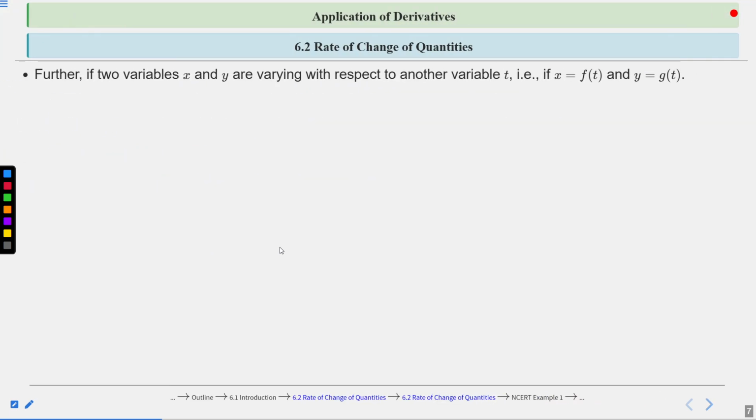Now further, if two variables x and y are varying with respect to another variable t, that is, if x is equal to f of t and y is equal to g of t, then by the chain rule, dy by dx is equal to dy by dt upon dx by dt, if dx by dt does not equal 0, right?